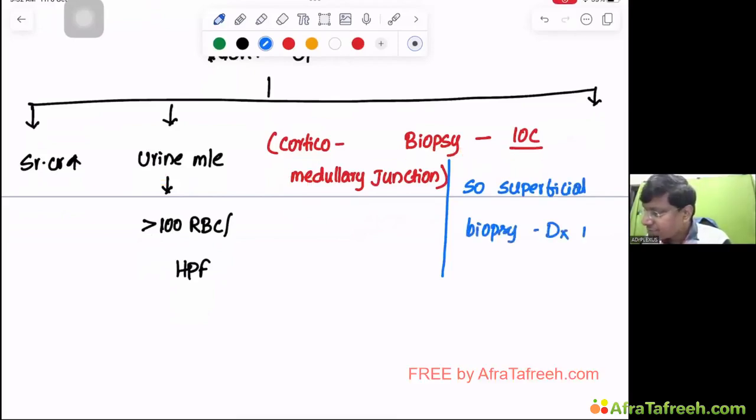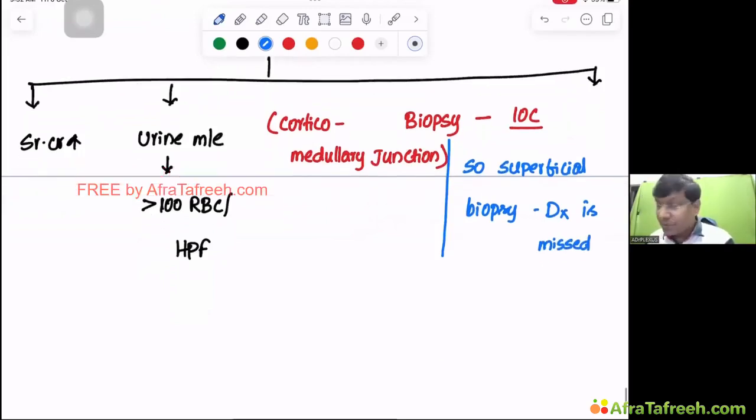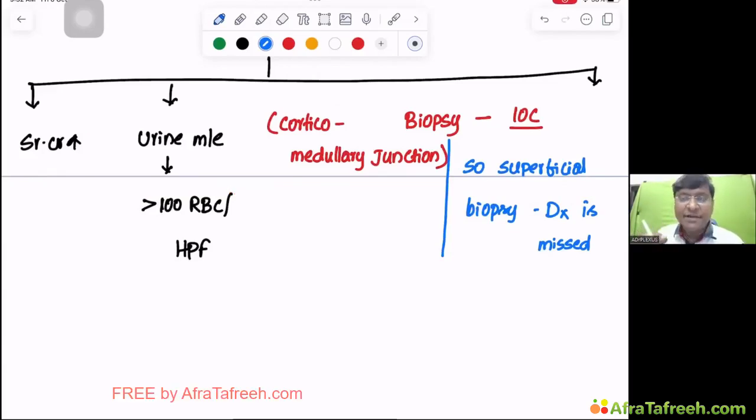So in order to make out these lesions, you need to take a sample from the deeper part of the kidneys.